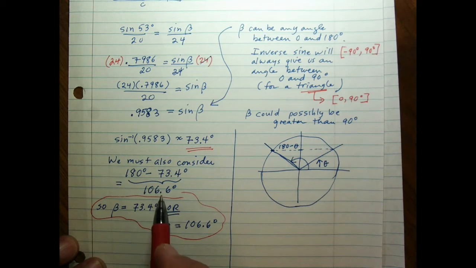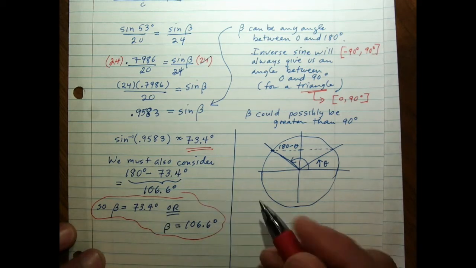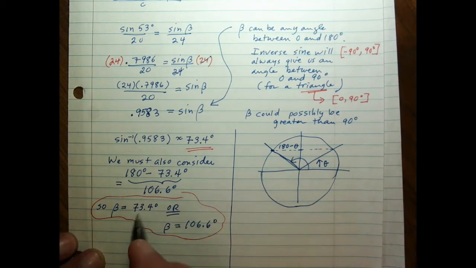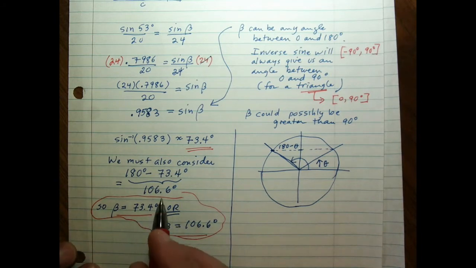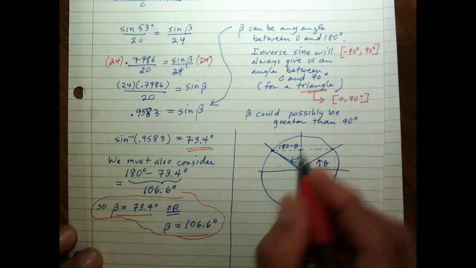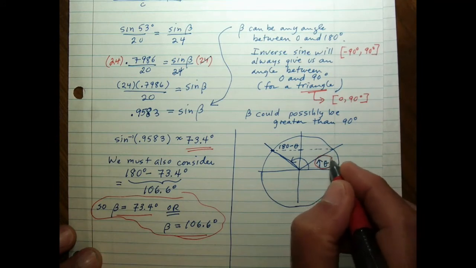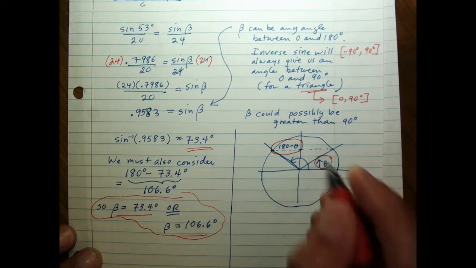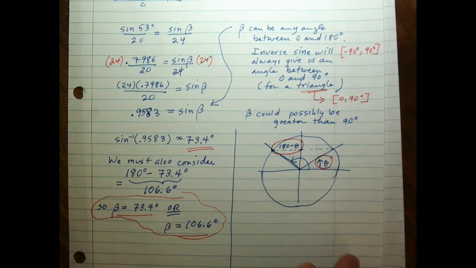So the inverse sine won't tell us. We need to figure this out on our own. So this is the complication in this problem, where we actually have two possible values of beta. The inverse sine gives us one angle, 180 minus gives us the other possibility.